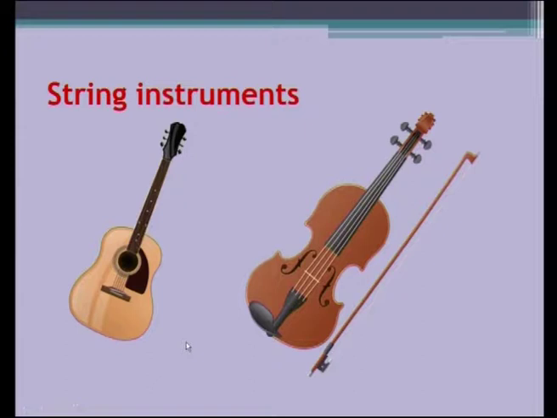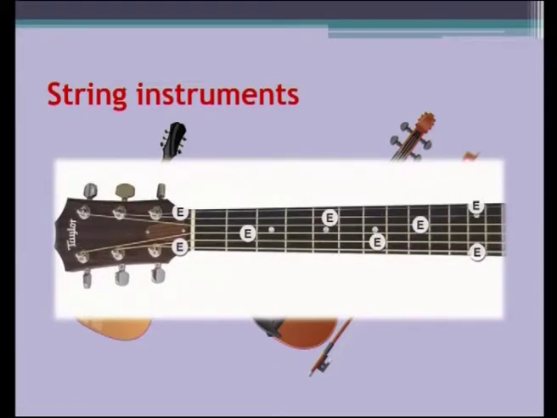These are the examples of string instruments. In these string instruments, different strings are kept between the fixed and one adjustable end. In the adjustable end, we have the screws which could tighten the string. Shall we have a closer look at it? So, this is how it is done. The screws are used to vary the tension in the vibrating strings, and look at the thickness of each string.